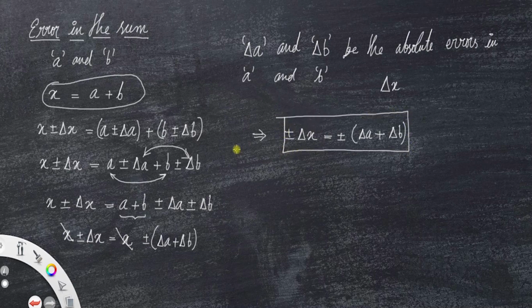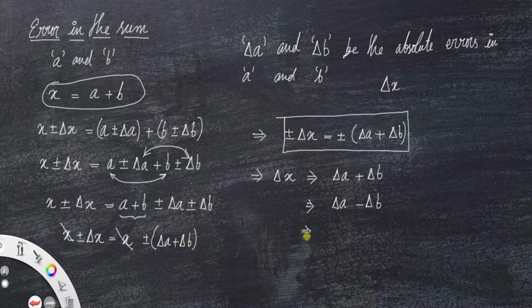That means we always write the absolute error in x as the maximum possible error. So we have to consider the different combinations of delta a and delta b, which means delta x can be, there are four possible cases. One is delta a plus delta b itself. Second one, delta a minus delta b.